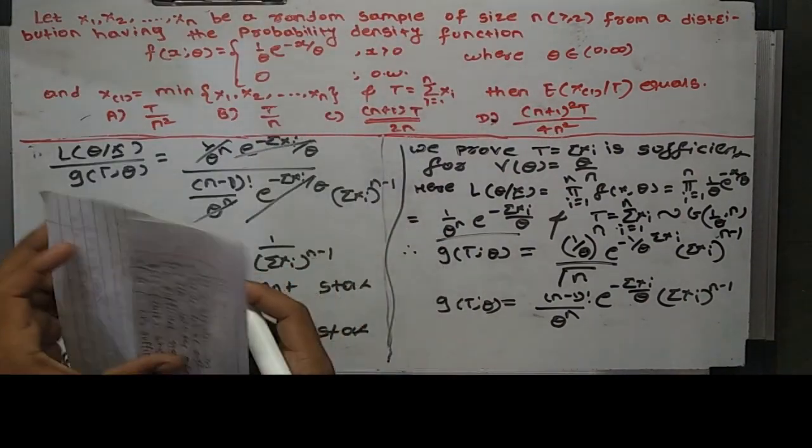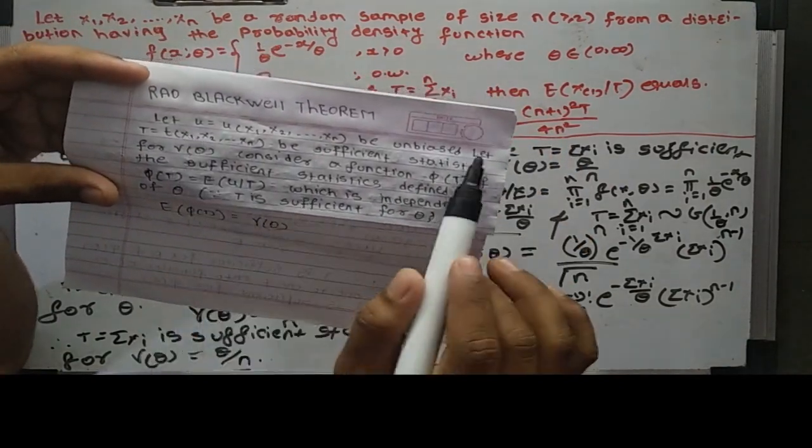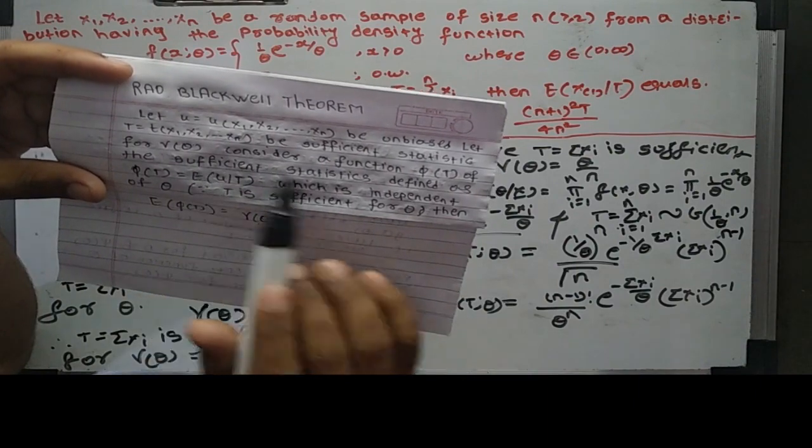So here check the Rao-Blackwell theorem, both conditions are satisfied. U is unbiased and T is a sufficient statistic.